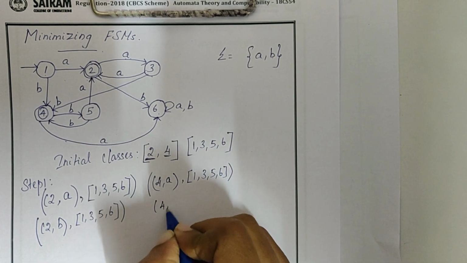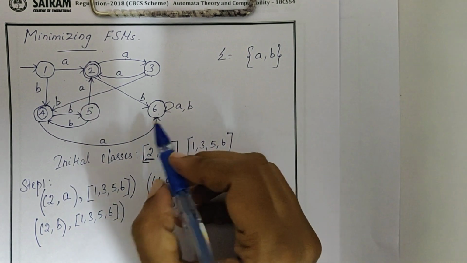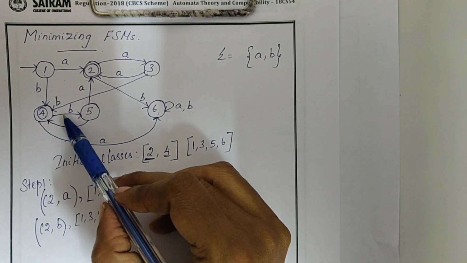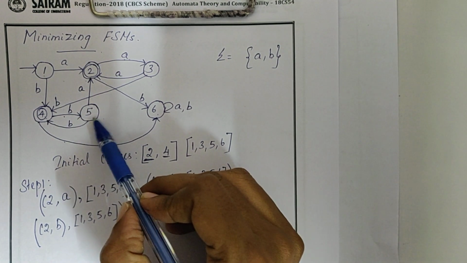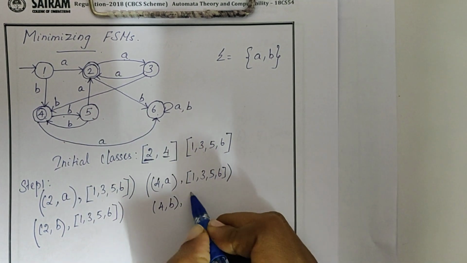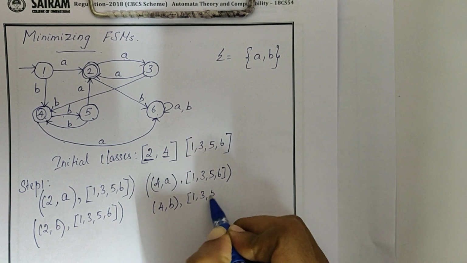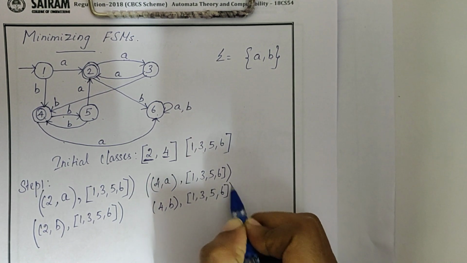Next, 4 comma B: it takes B input and moves to 5, so the class is 1, 3, 5, 6.